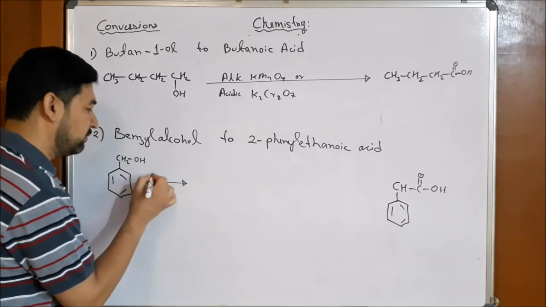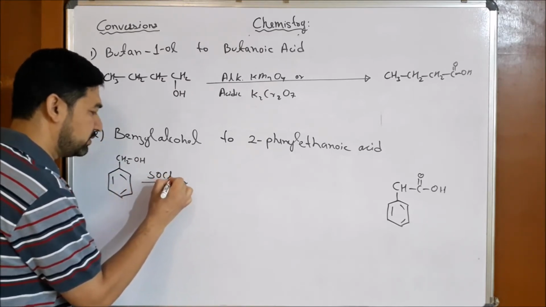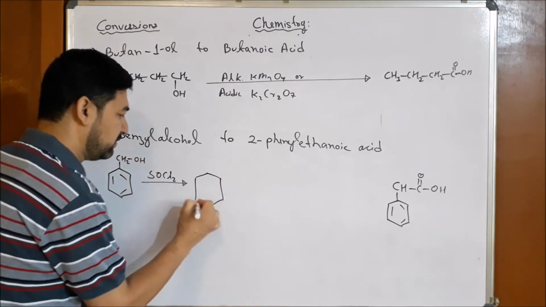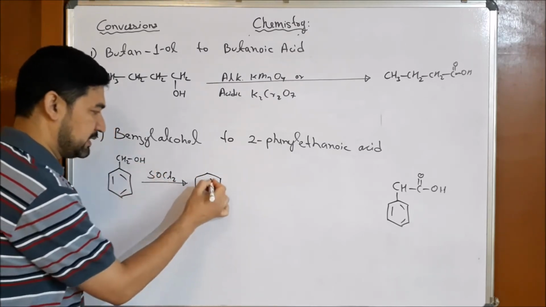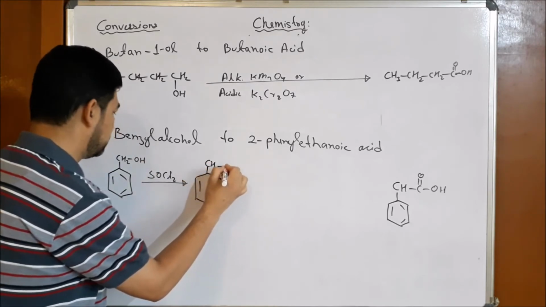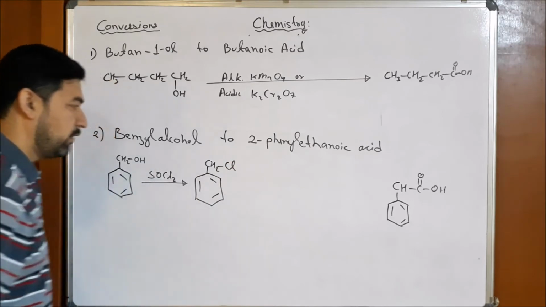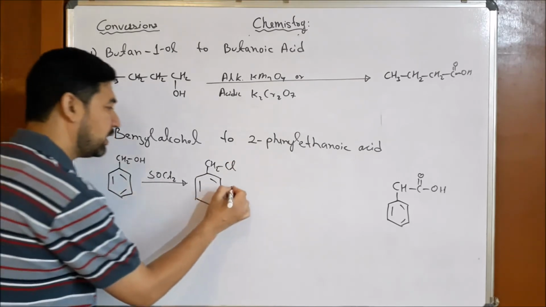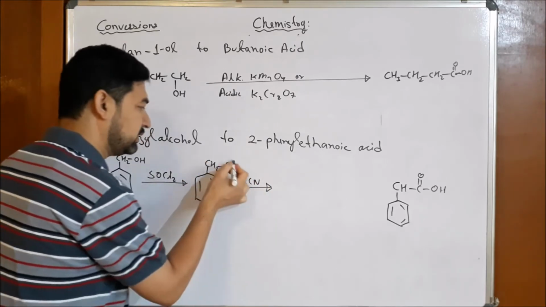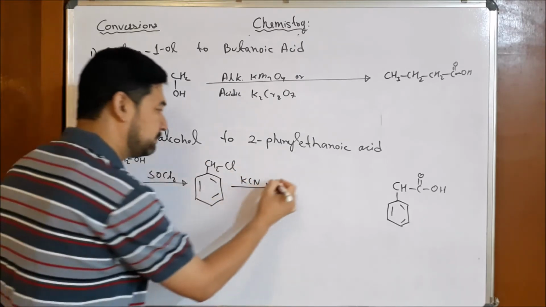For that we normally use SOCl2. If we use SOCl2, this OH will be replaced by Cl. So this is CH2Cl. Now you can use KCN. A substitution reaction takes place, and Cl will be easily replaced by CN.